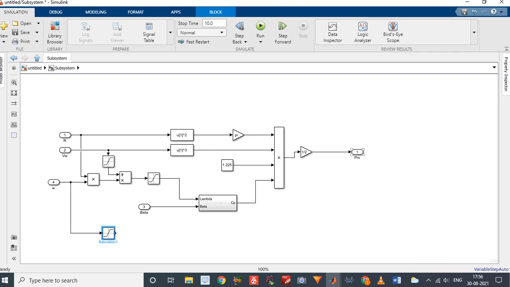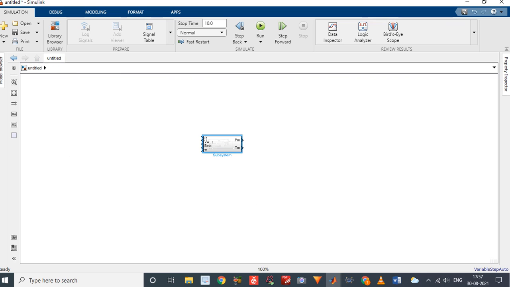For that I have to take this and change it into Tm. So I have to take this block as well. Now we will go out. So we have made a turbine.